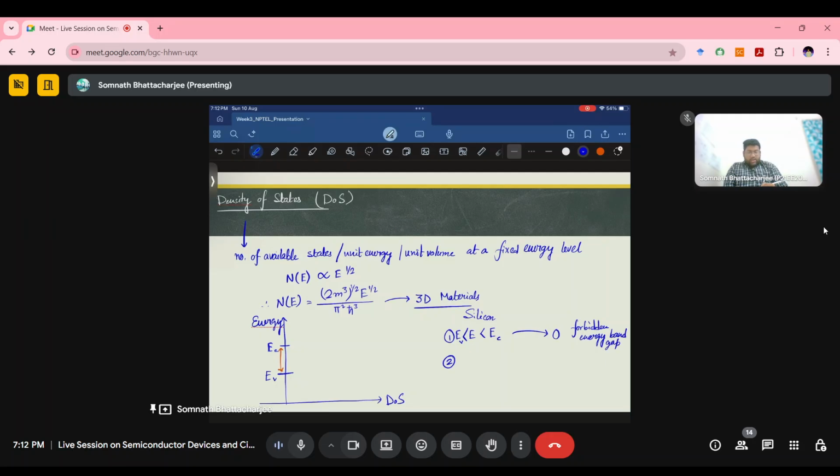In the second case, E can be more than the value of EC, while also less than infinity.